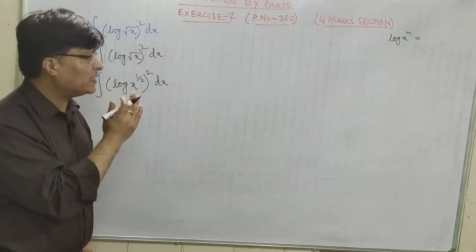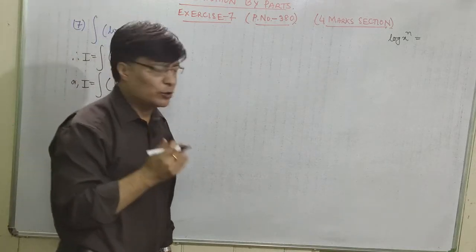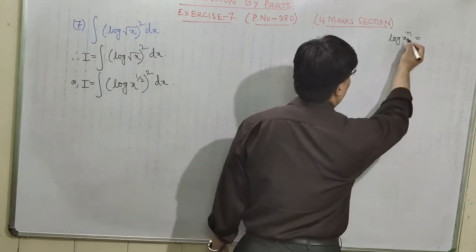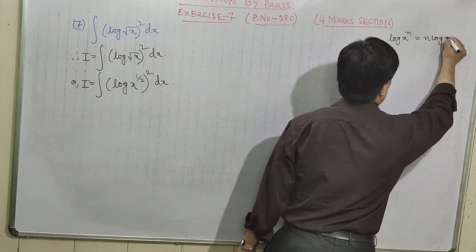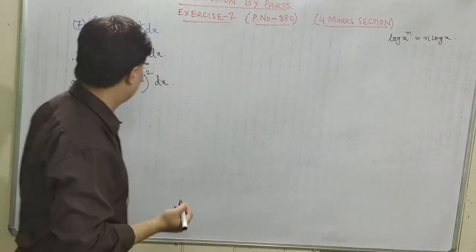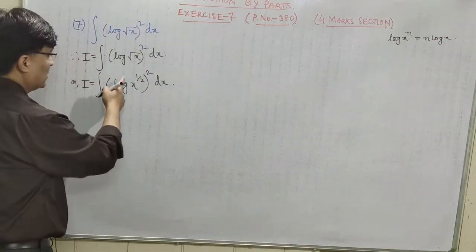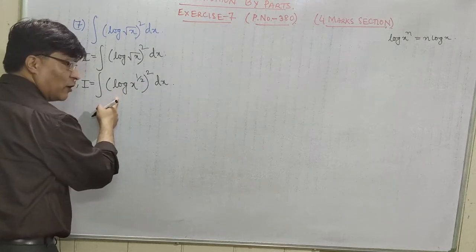Now if there is log x to the power n, that is power n is for only x, you can use properties of logarithm here, that is n comes in the front, it can be written as n log x. Similarly this half comes in the front of log x.